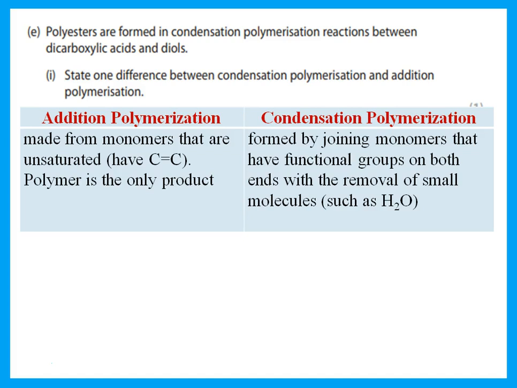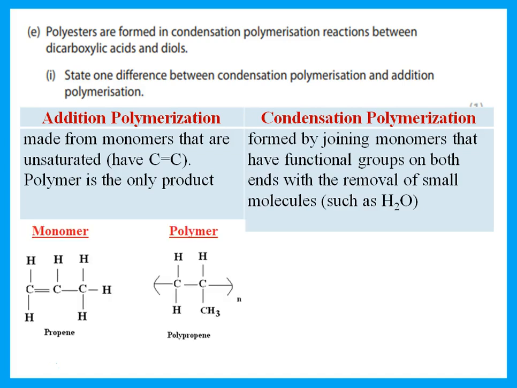Remember, addition polymerization is where I'm starting with a monomer that is unsaturated. So for addition polymerization, the monomer has C double bond C. That is one difference. If you want a second difference, then the polymer is the only product. When I do addition polymerization, I start with an alkene and my only product is the polymer.